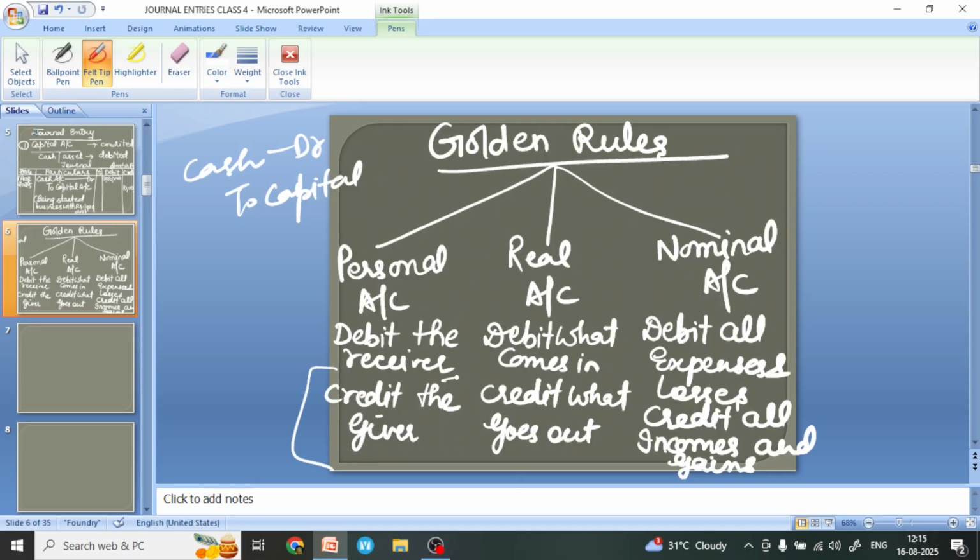According to the rule credit the giver, and according to the real account rule debit what comes in. Cash comes into business, credit the giver, capital is the giver so we credit capital account. I think you have clear each and every point which I want to tell.